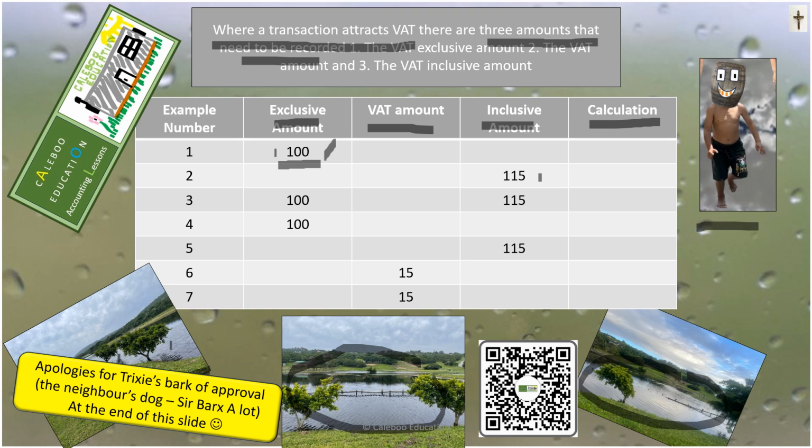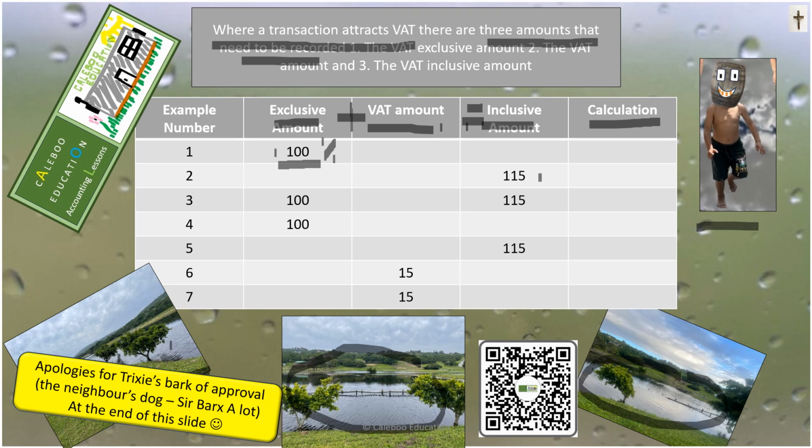You could see this as the exclusive amount is 100%, and we know the VAT amount is 15% in our country. Then the exclusive amount plus the VAT amount is equal to the inclusive amount.